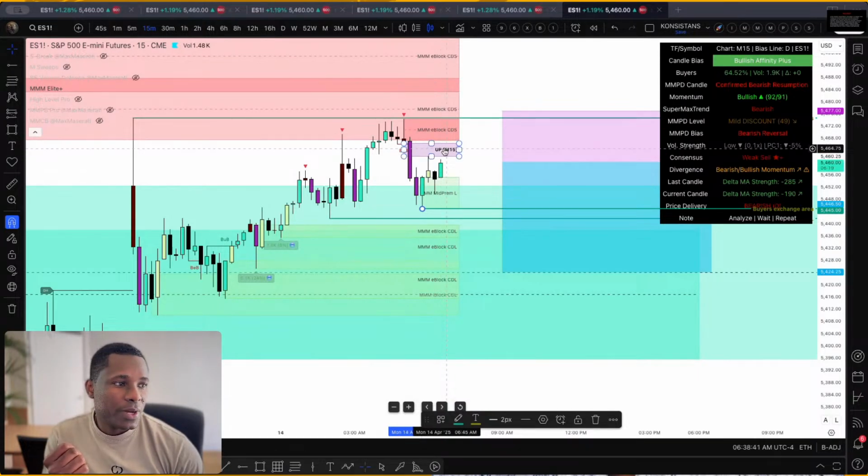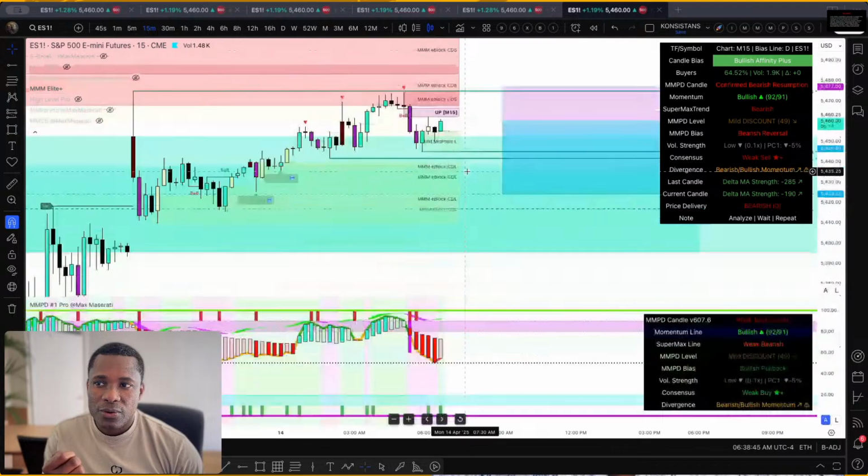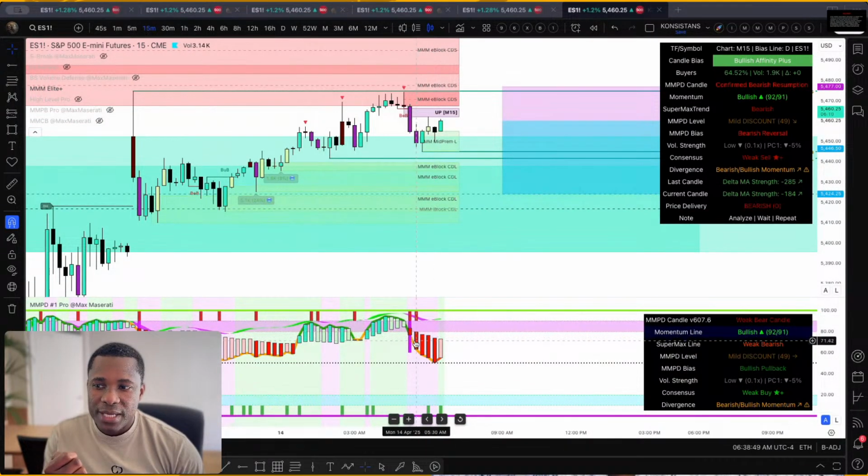Pure bearish will really confirm it, and price is already in premium. You can see this pink candle means price is in a bearish pullback.